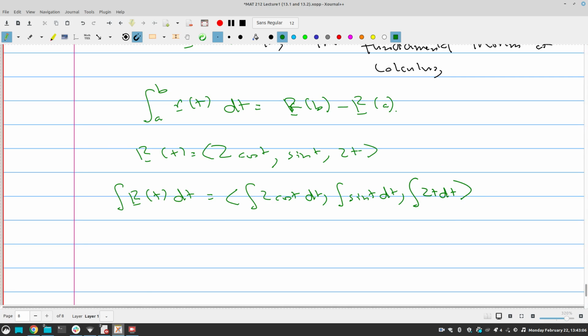Now we're doing an indefinite integral, which is also known as an antiderivative.